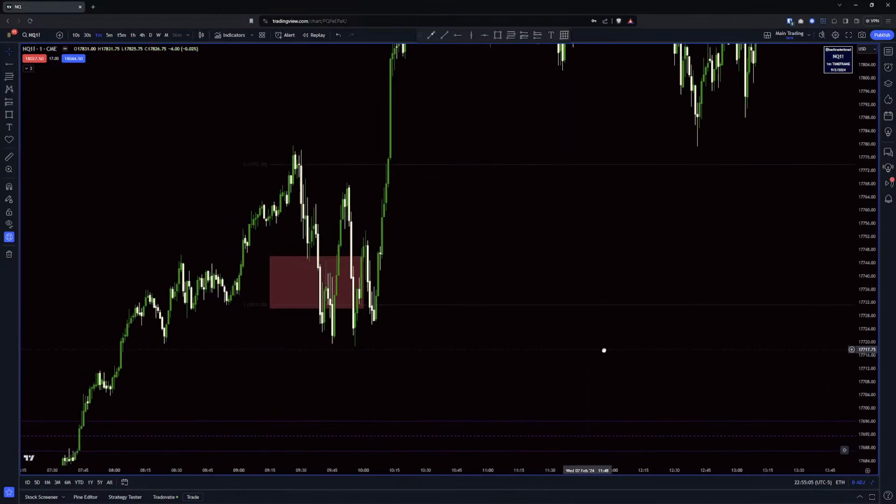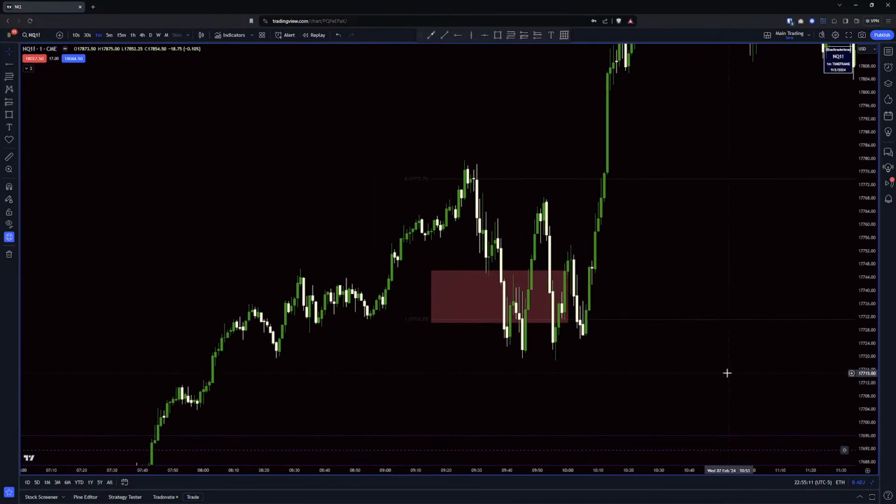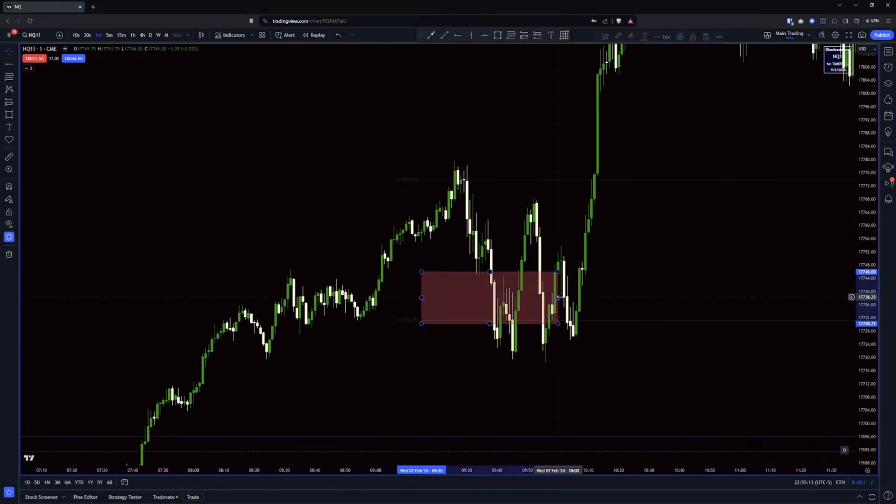It's not that pretty. All right, clearly we have manipulation. This is on a 1 minute chart now. Clearly we have manipulation on New York Open. We get what looks like a shift and then a re-sweep down here.